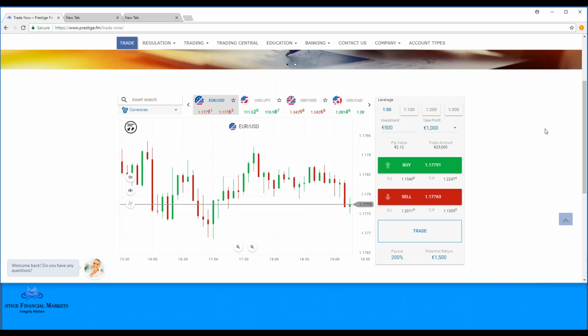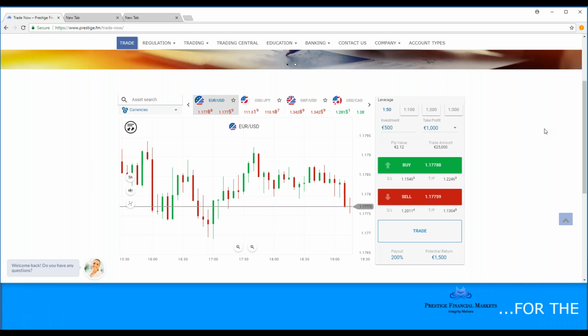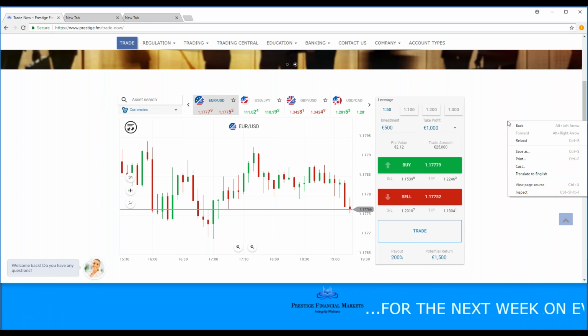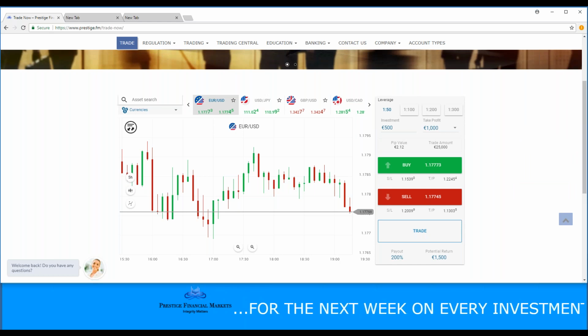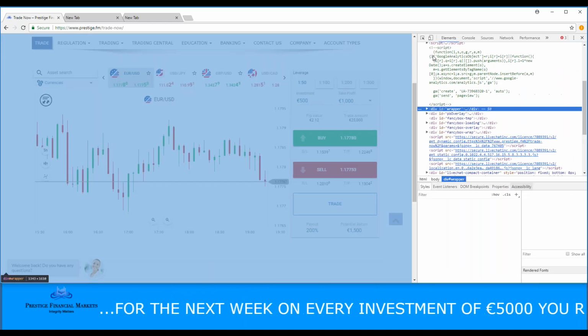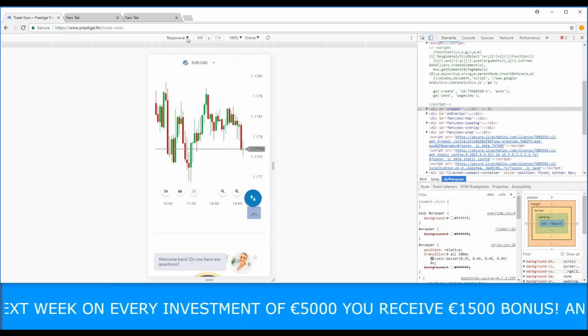Of course, I mentioned at the beginning of this webinar: use Google Chrome. It is the best browser. Here is one thing we can use. I think go to inspect, and here we can change.